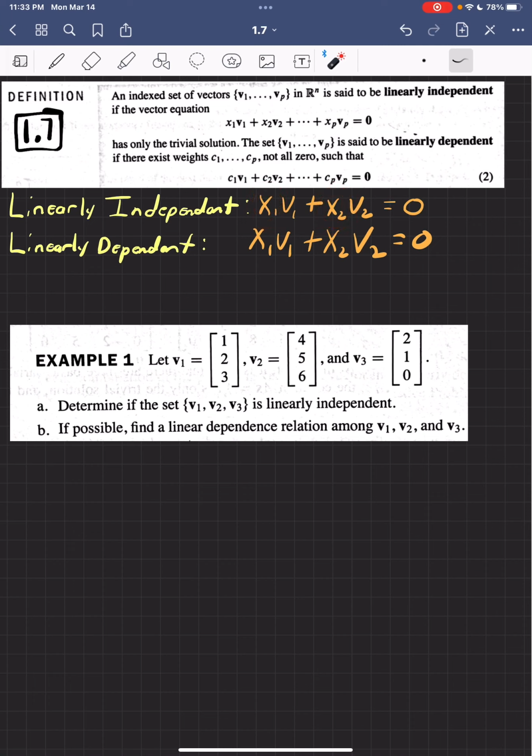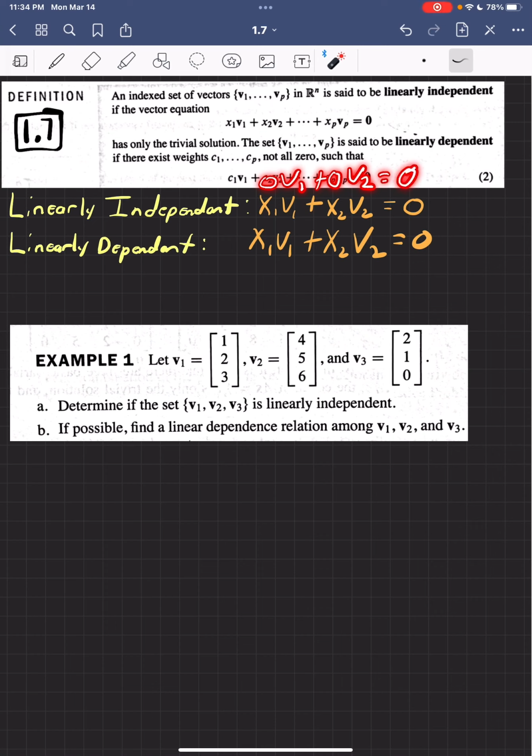Now, if the only way you can make this equation equal 0 is if you choose 0 for x sub 1 and x sub 2, there's nothing else. 0 times v sub 1 plus 0 times v sub 2, of course that equals 0.